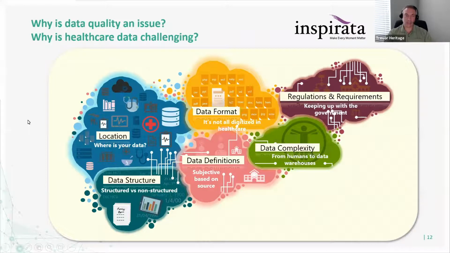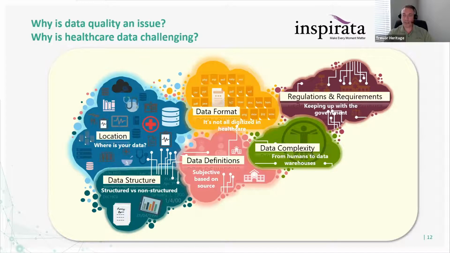Some of the reasons for that is that the data itself is stored in multiple disparate locations and systems. It occurs in a huge number of diverse formats, from text, numerics, paper, digital, images, audio, video, all kinds of different formats. It's captured in inconsistent ways, ranging from discrete data, clinician notes, surgical and clinical reports of various types, with both structured and unstructured content within those various formats.